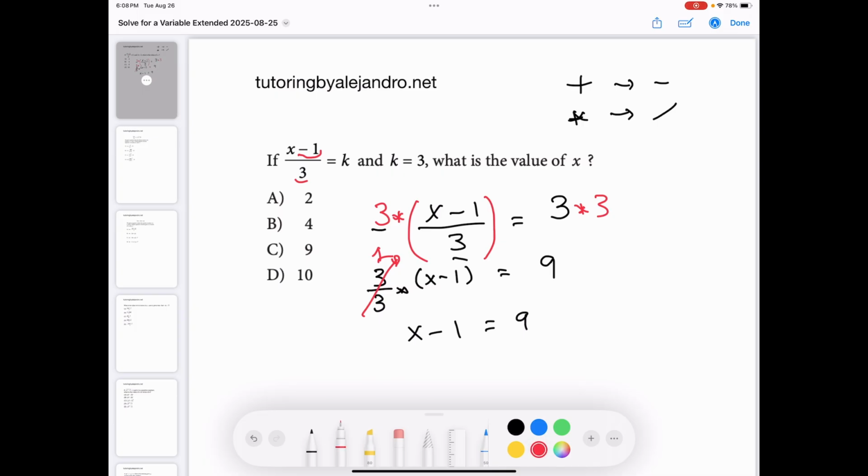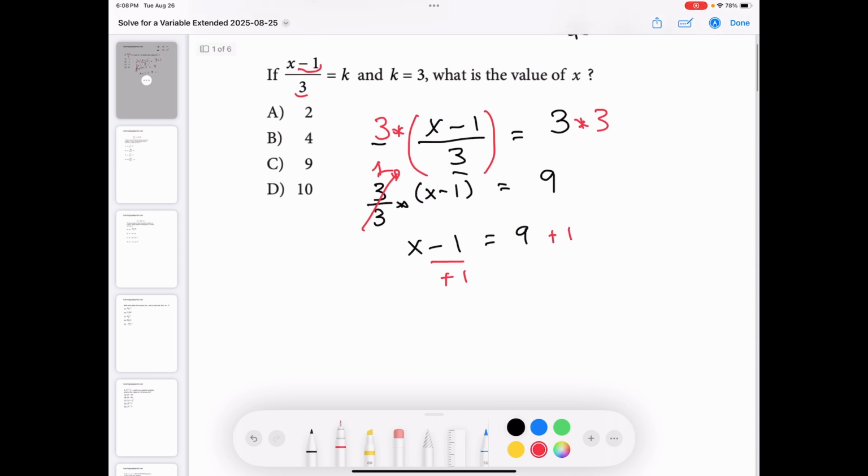Okay, so now I just have to get rid of the -1. So the -1 is subtracting, right? Because it's negative. So applying the opposite means I have to add 1 on both sides, okay? So I'm left with x minus 1 plus 1.